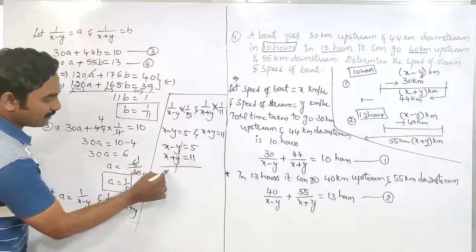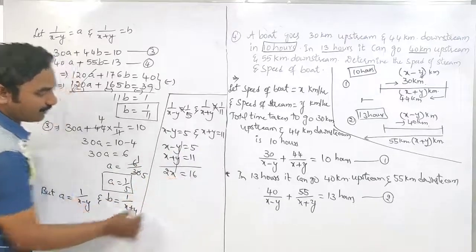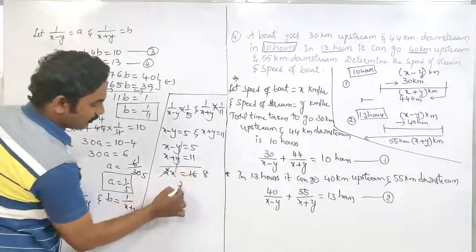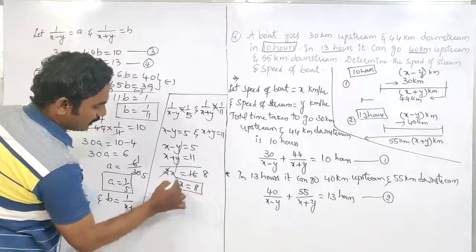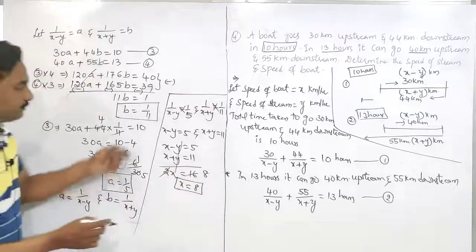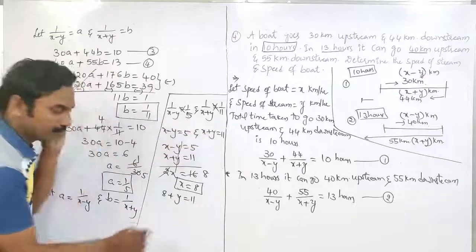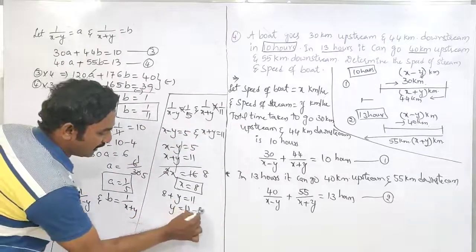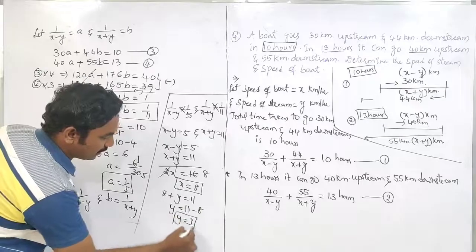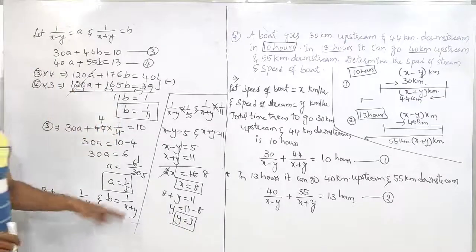Now y gets cancelled. 2x is equal to 11 plus 5, 16. X is equal to 8. Now we got x is equal to 8. Finding y, substitute here: 8 plus y is equal to 11. Y is equal to 11 minus 8, which is equal to 3. So I got the values of x and y now. What is the value of x?